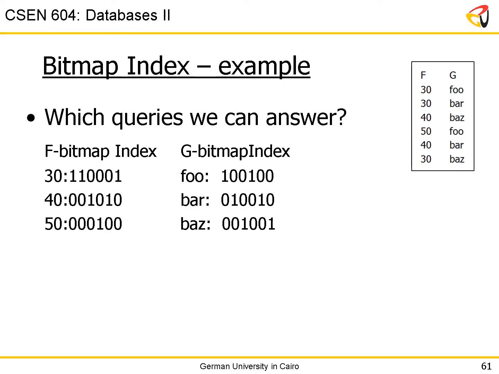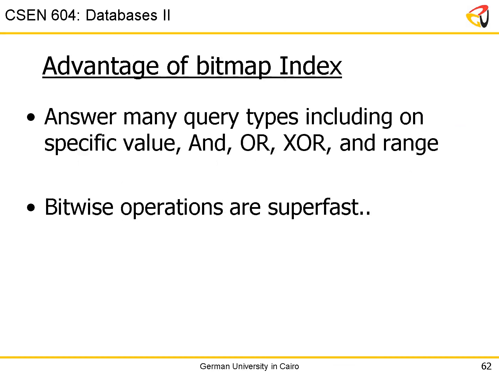We didn't do any computation or any representation of proximity, so this is not in the game with us. But almost everything else we can do. As I was just stressing, you can answer many query types, including specific value, AND, OR, XOR and range. And bitwise operations are super fast. That's why this is a very interesting indexing data structure.